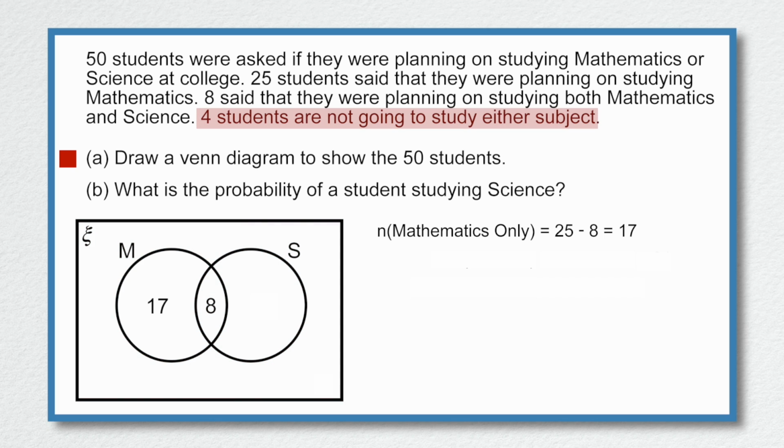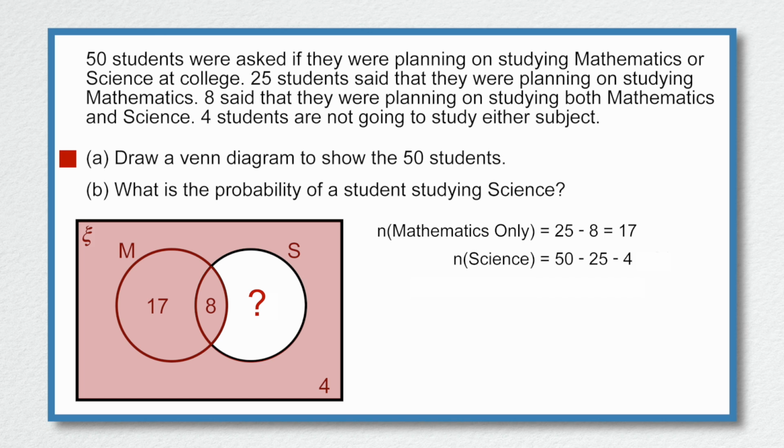There are 4 students that are going to study neither subject. So we need to work out how many students plan to study science only. If we subtract 25 and 4 from 50, the total number of students, we are left with 21.